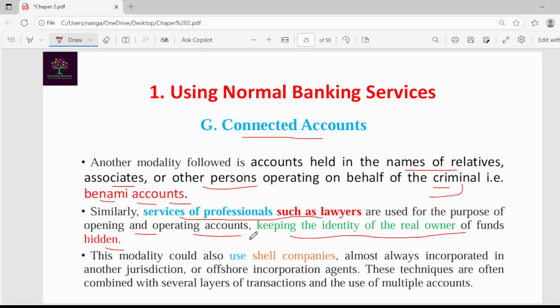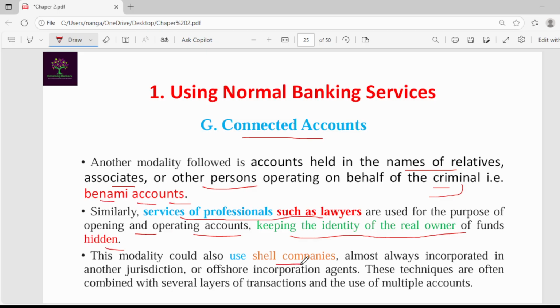So we know that all firms require the services of lawyers and auditors. But these money launderers and terrorists, what they do, they create shell companies.